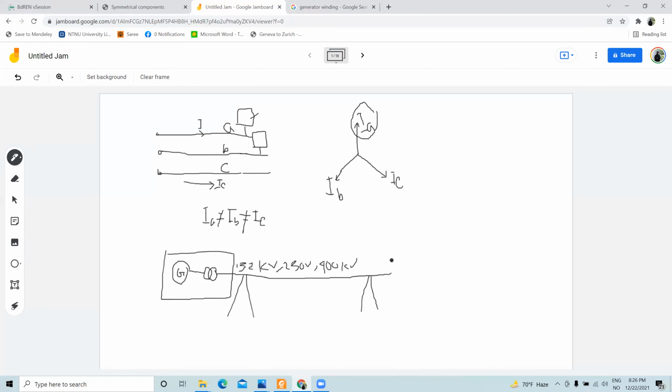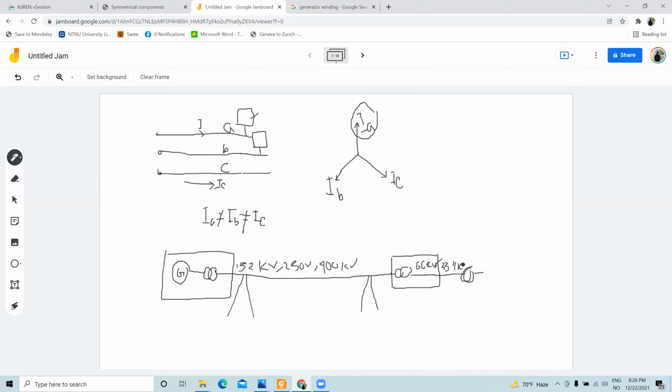And then you have the distribution substation. Basically, you step down the voltage from this high voltage level using transformers, of course. After stepping down, the voltage comes to 66 kilovolt or 33 kilovolt, and then it is further stepped down to 11 kilovolt.